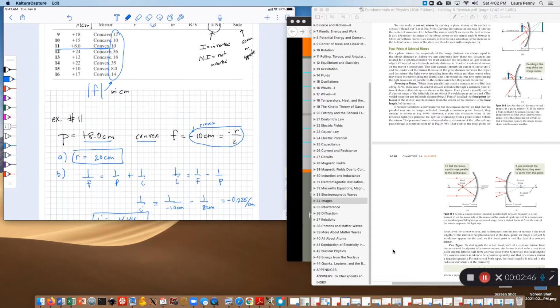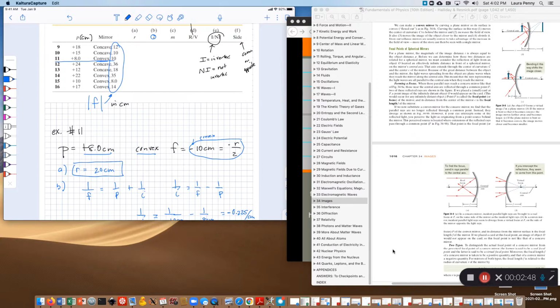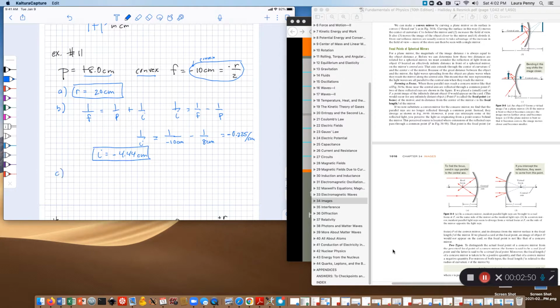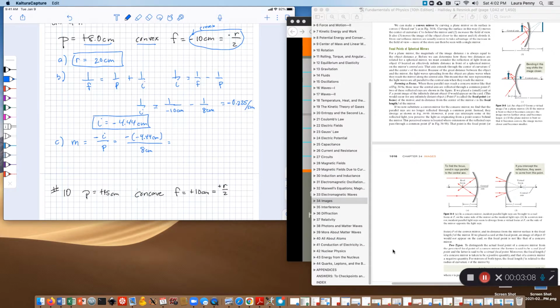Part C says, what's the magnification? So the magnification is negative I over P. So I'll say negative negative 4.44 centimeters over P, which was 8 centimeters. So this is a positive 0.556.